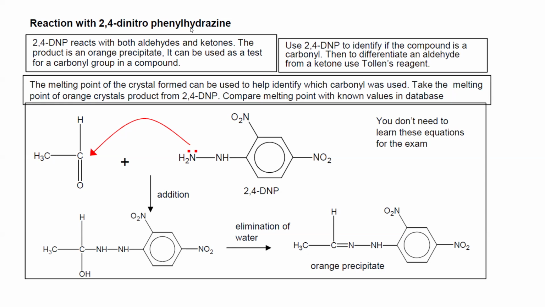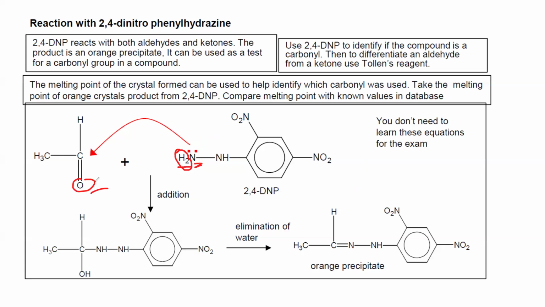This is the structure of 2,4-dinitrophenylhydrazine. You don't have to learn this structure. So what actually happens in this reaction is that the two hydrogens attached to the nitrogen, and the oxygen which is bonded with a carbon, are removed, so it will form H2O.